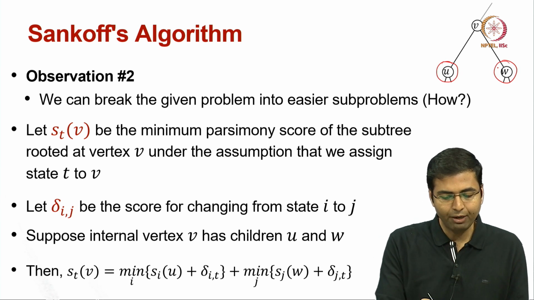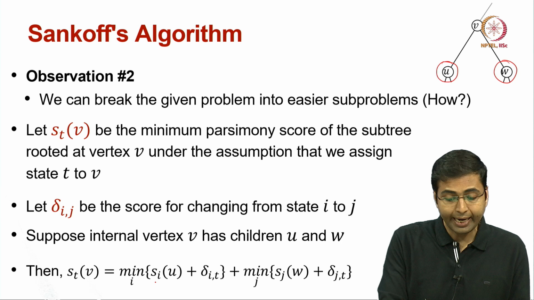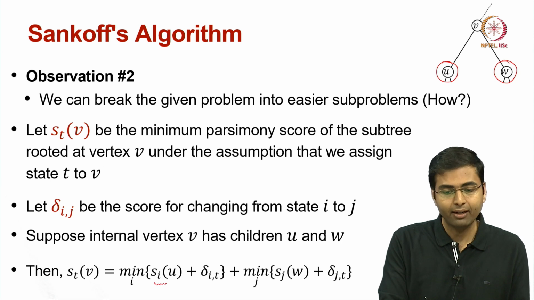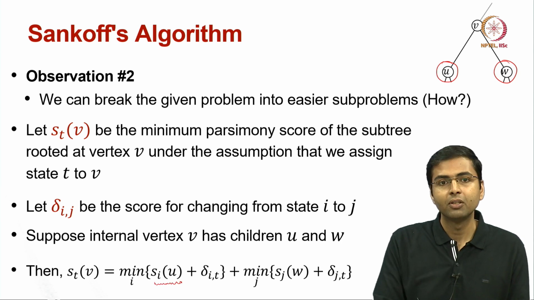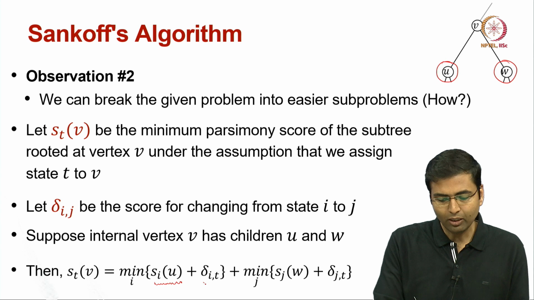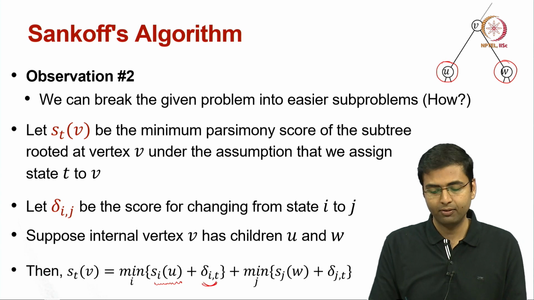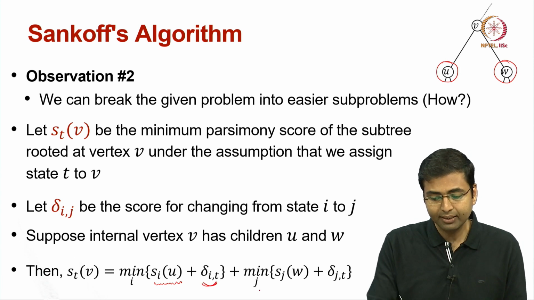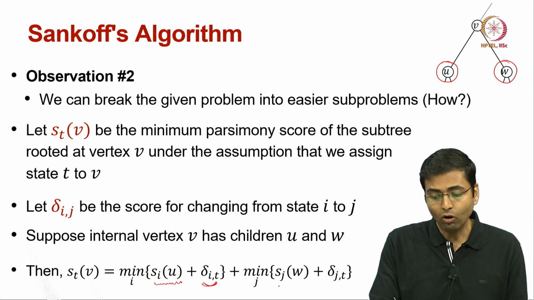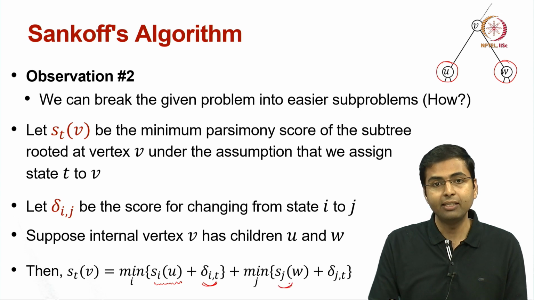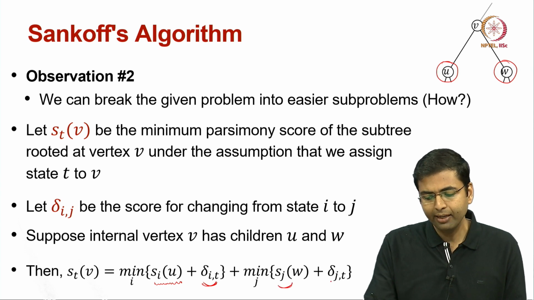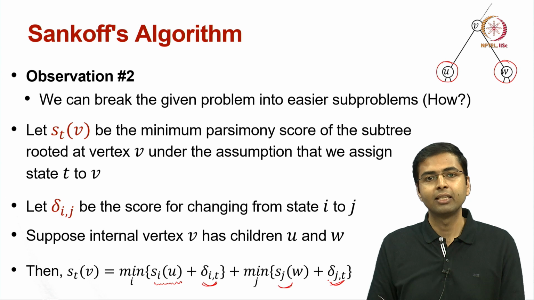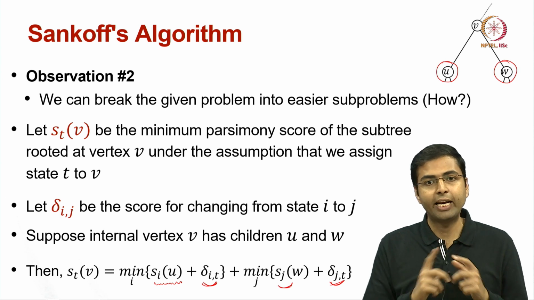So, S_T(V) can be defined as minimum over all states possible at child u plus the corresponding state change score, plus considering all possible states at child w and the corresponding character change score.